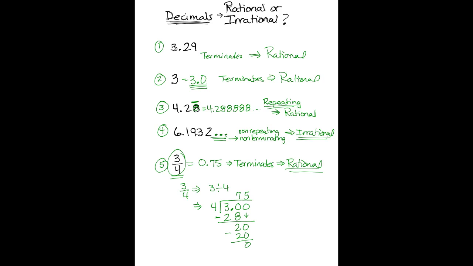Subtract. That's going to give us 2, and we'll bring down the 0. 4 goes into 20 five times. 4 times 5 is 20. And it goes in evenly. So there's our 75, and the decimal goes up right there. So that's how we know that 3/4 is 0.75.